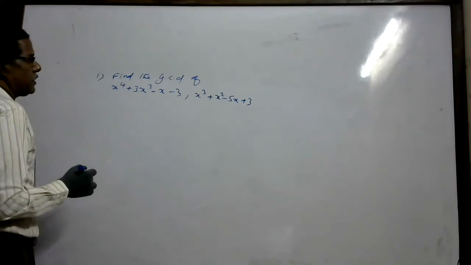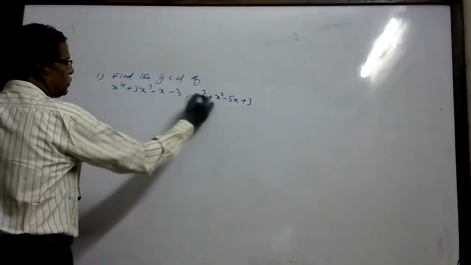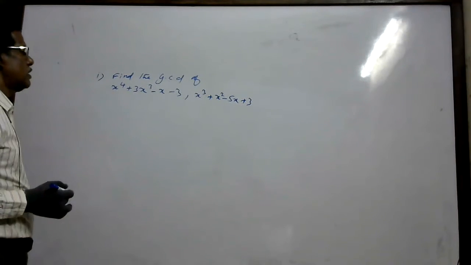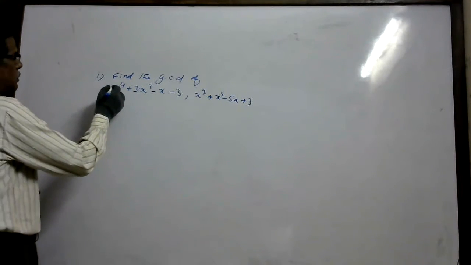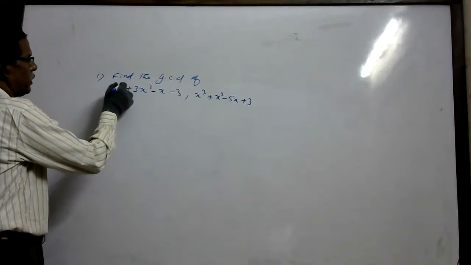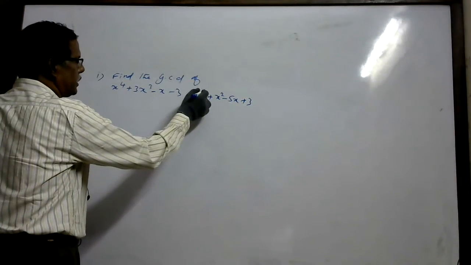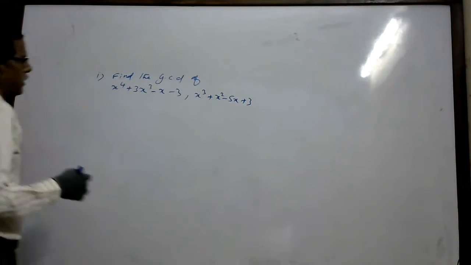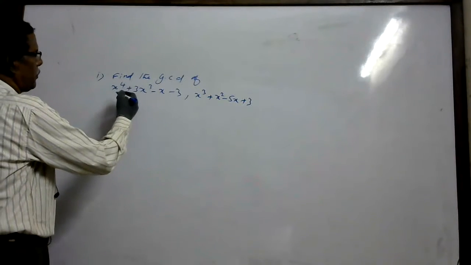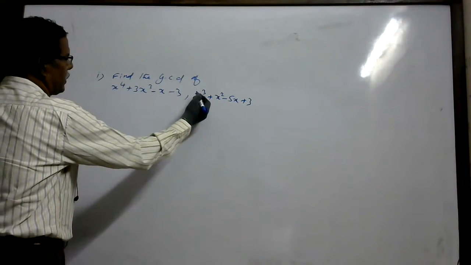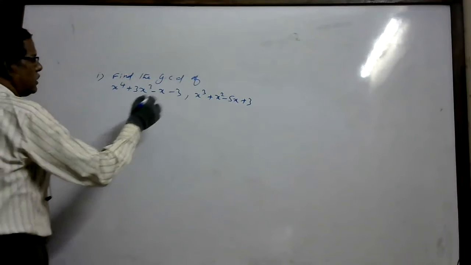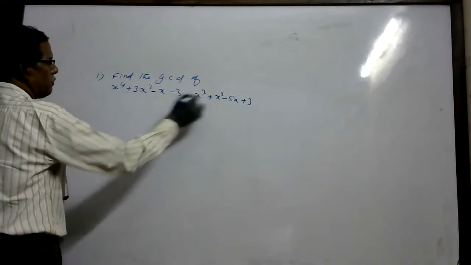See, we are going to find the GCD of these two polynomials. Now, this is the fourth degree polynomial and this is the third degree polynomial. So, we can divide the higher degree polynomial by the lower degree polynomial. That is, we divide this first one by the second.